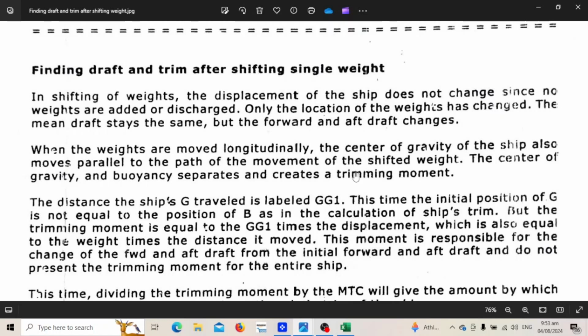Meaning, when you shift the cargo, the center of gravity will also move to where your cargo is shifted. That is what it meant.